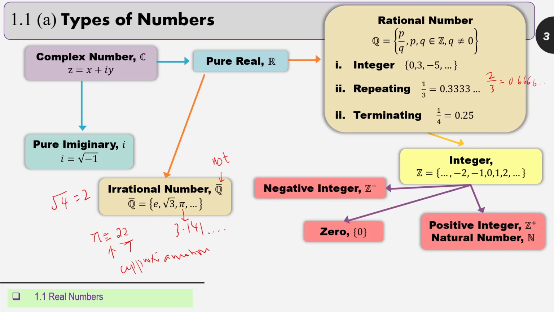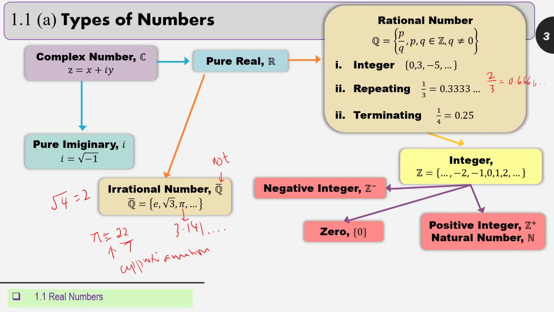It means that it is neither a positive nor a negative number. Because zero is a neutral number, we separate our whole set of integers into two: one is called positive integers, another is called negative integers.